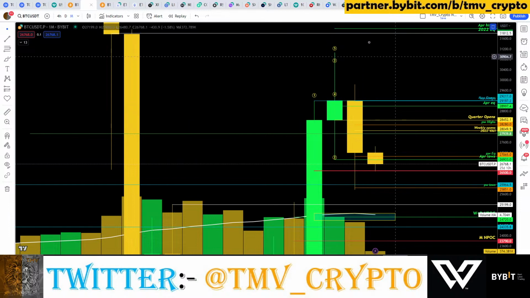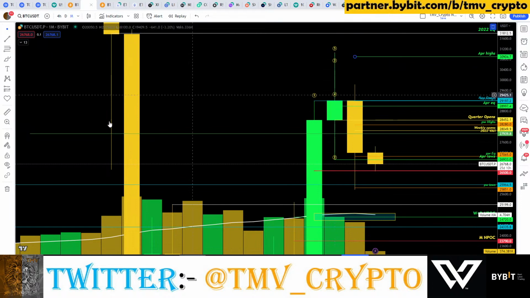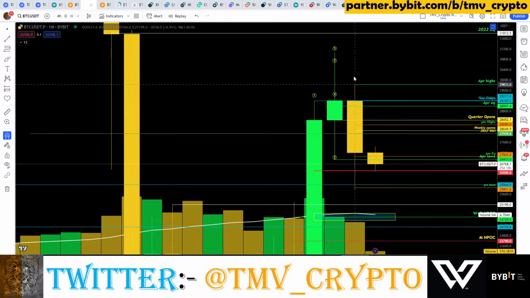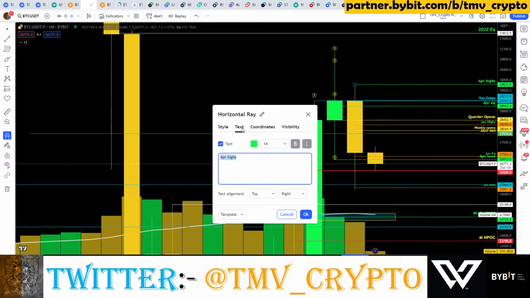So now the range has shifted, so we are going to look for another range. I'm just going to create a new range. This is our new range, and this is the range we're going to play for this month. The color would be, this is not the April highs but the May highs.